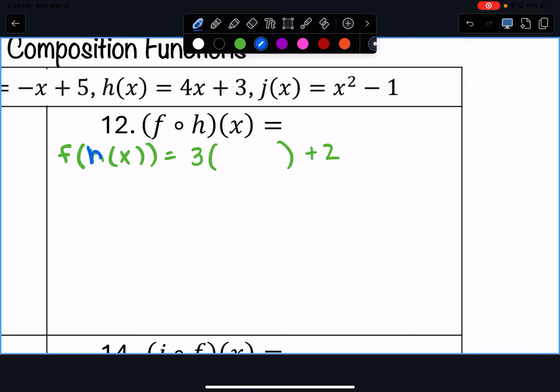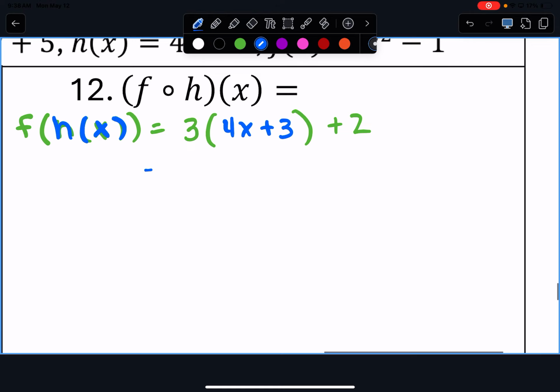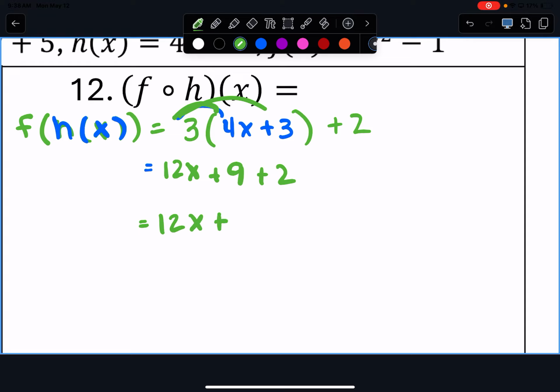What is h? 4x plus 3. And that's what we're doing. So 3 times 4x is 12x, 3 times 3 is 9, and then plus 2. So we get 12x plus, what's 9 plus 2? There we go. 12x plus 11.